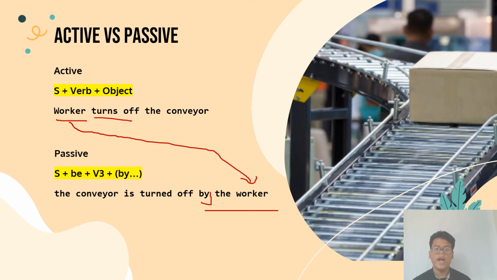Don't forget to add S or ES on the verb in the active voice, but in the passive we must change it to be plus turned off, verb 3. The conveyor, the object in the active voice, becomes the subject in the passive voice. We go to the next example.